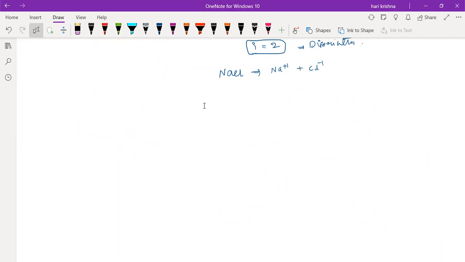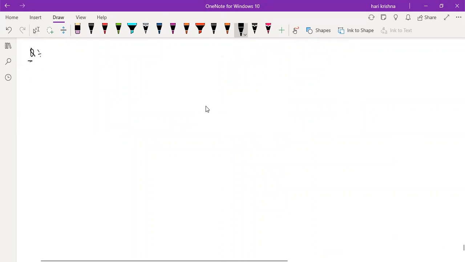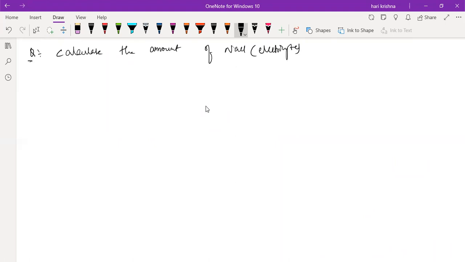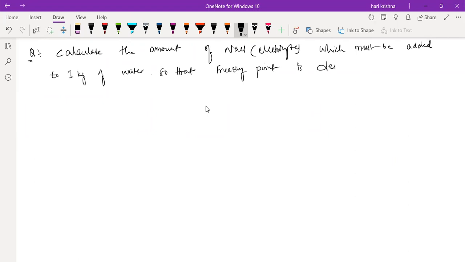Next one. One more. Calculate the amount of NaCl, that is the electrolyte, which must be added to 1 kg of water so that the freezing point is depressed by 3 Kelvin.